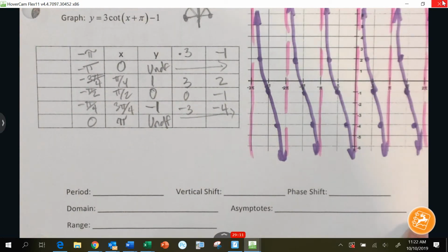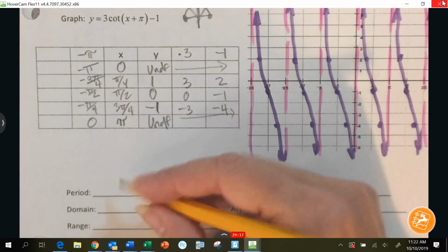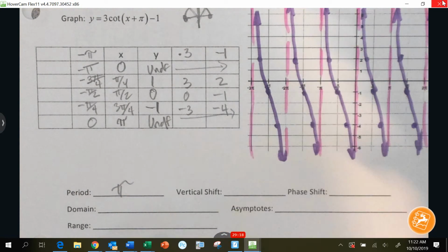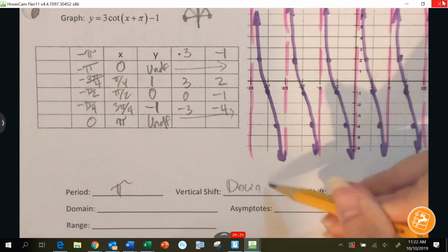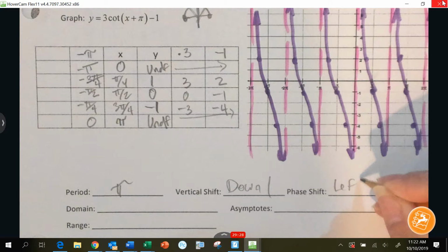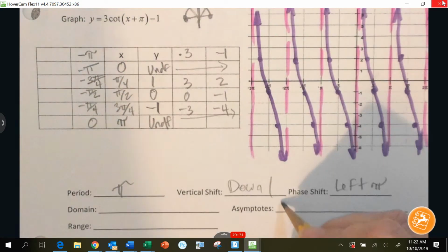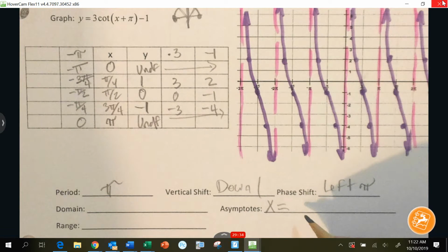What is the period for this one? Help me out. What's the period? Let's go fast. Was there a vertical shift? Phase shift. Left pi. Domain and asymptotes. X not equal to, what's the first one?